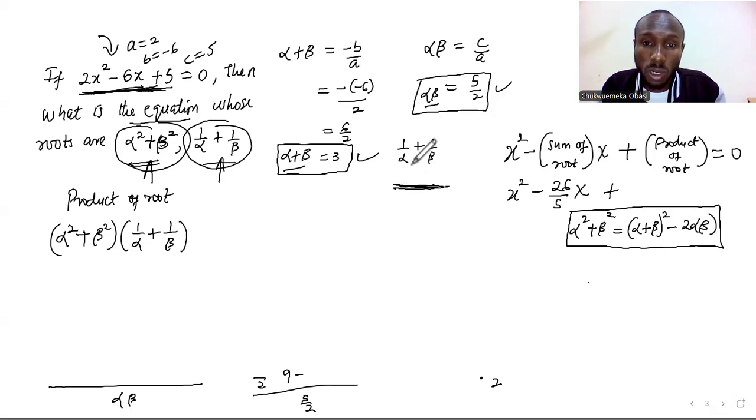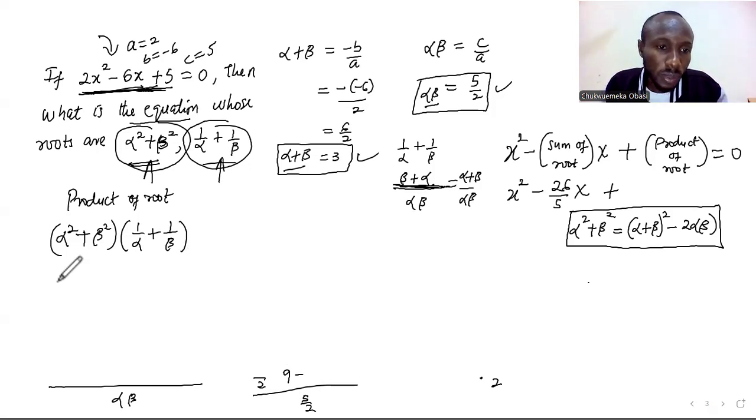The LCM is alpha beta. Alpha beta divided by alpha cancels out, so you have beta times 1 is beta. Then alpha beta divided by beta cancels out, and you have alpha. So this is alpha plus beta all over alpha beta. That's what we have there.